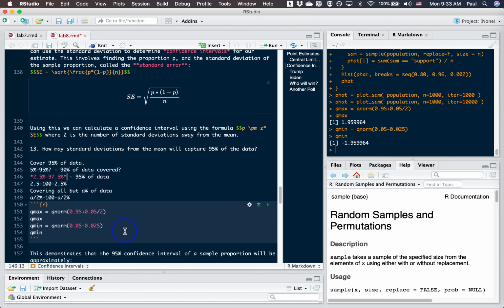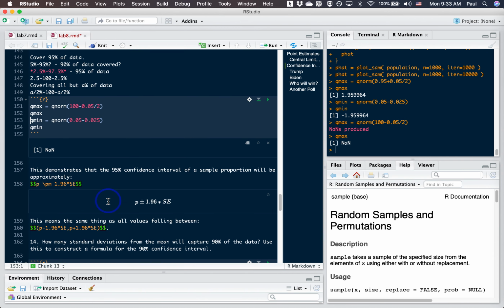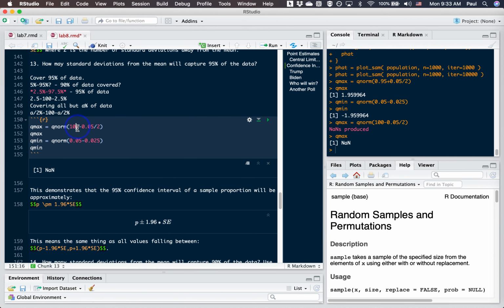To do that, we have the maximum quantile of 100 minus 0.05 divided by 2. Oh, but I have to say 1, because I'm not looking at percentages anymore. This has to be a decimal value. Notice it returned something that said NaN, which is not a number.